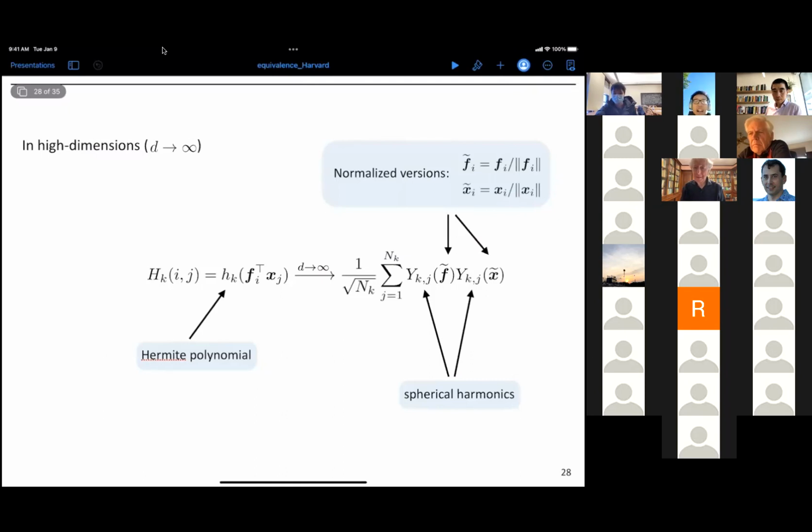Yeah, hello. Thanks for the wonderful talk. I just have a clarification question. I was confused when you showed that initially you have the B matrix as just the first two terms of the Hermite polynomial, right? Yes.